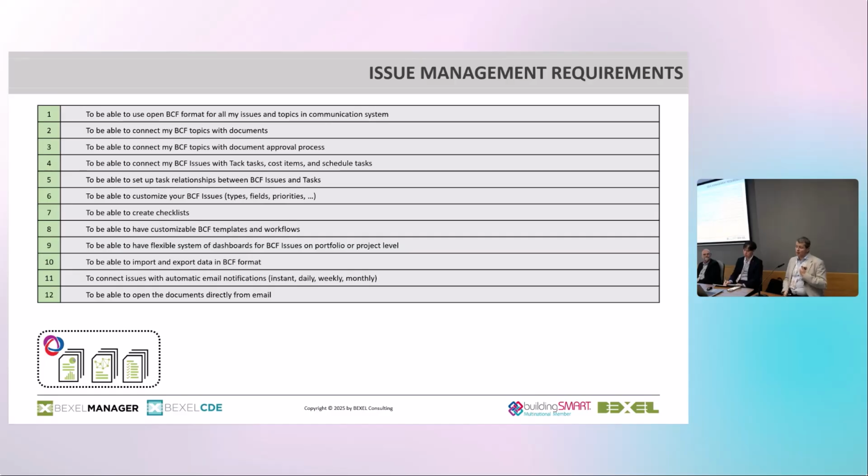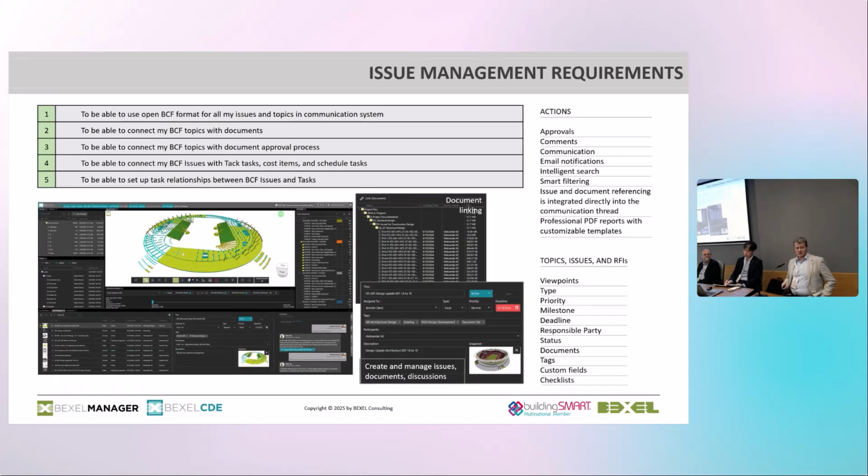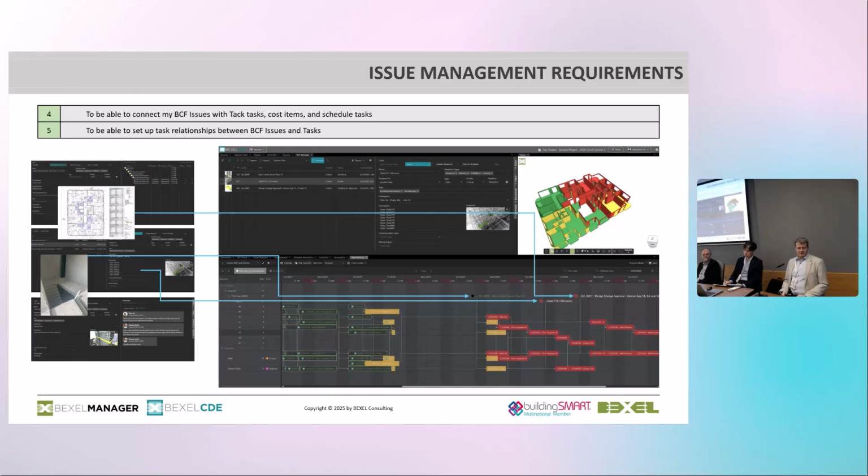So do I want to have it? Sure. We, as I said, had to develop this around BCF as an additional. What we want, a checklist, a number of other things. But these are examples of how you can do this. Of course, you need to have search, analytics on a portfolio level and so on.